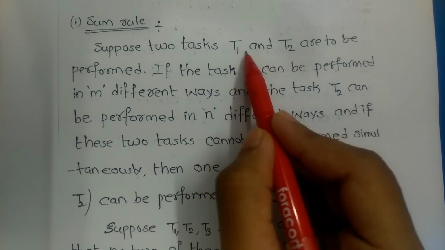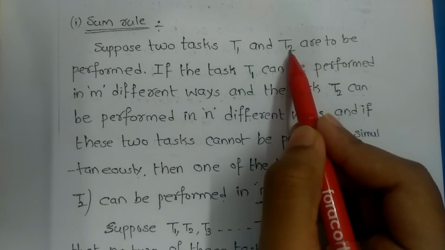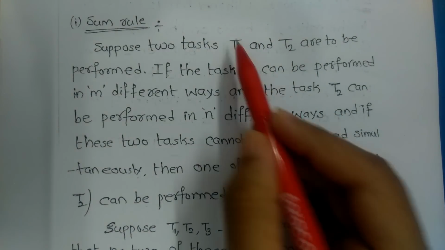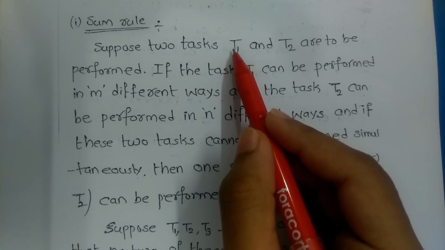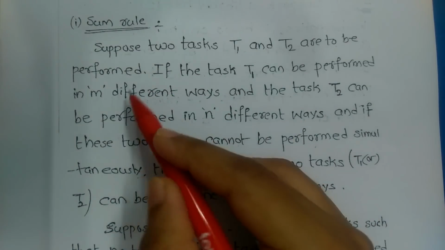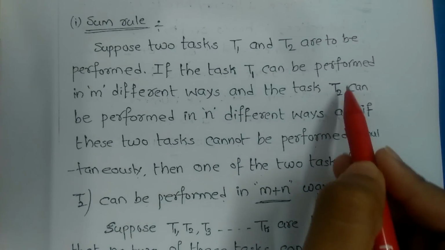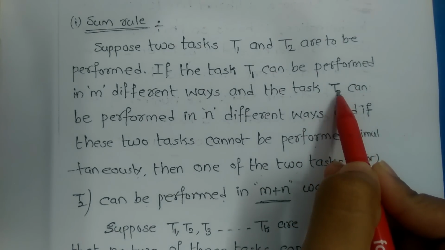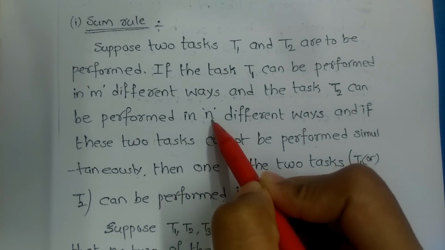So we are taking two tasks, T1 and T2. The number of different ways that T1 can be performed is m, and the number of ways in which T2 can be performed is n.